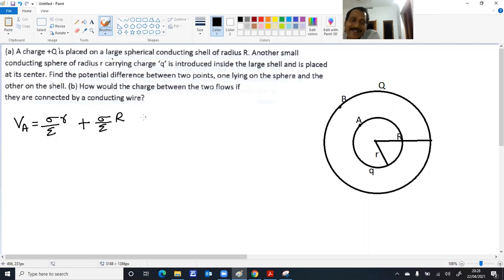Is it clear from the last question we discussed? Yes, sir. Okay. But there's a problem with this. They didn't give sigma in this. They only gave Q, so we use the KQ by R formula.